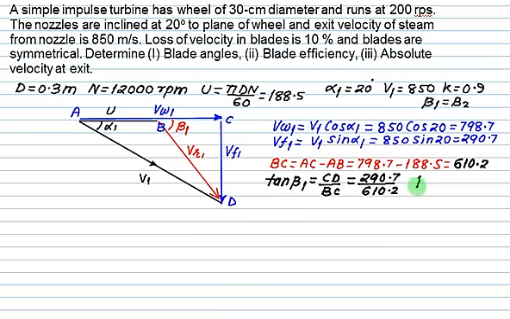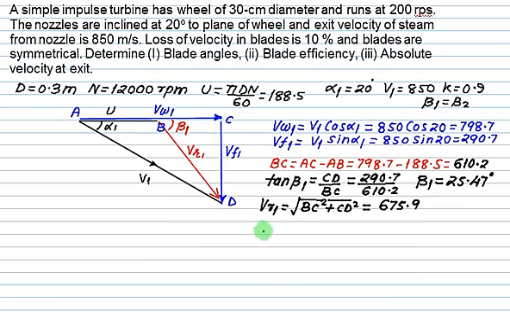So you can get the value of beta 1. So VR1 you can obtain by Pythagoras: under root of BC square plus CD square. VR1 is 675.9.